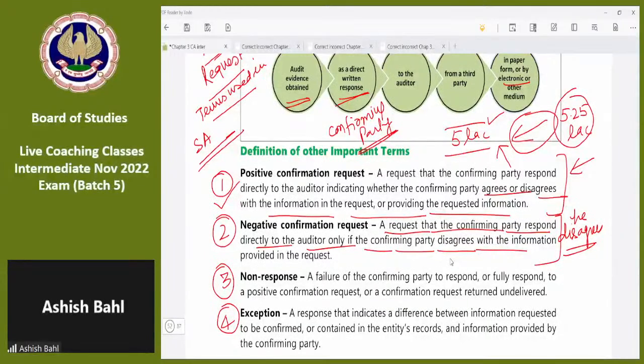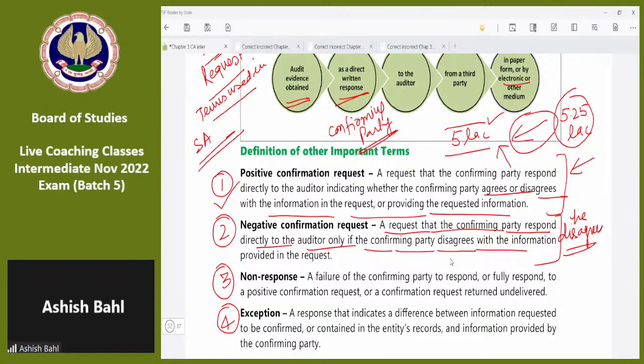Say when I try to confirm the balance from him, I design my request in such a way that if you do not agree with it, then you please confirm it. So if I say to him that your balance is 5 lakhs, if you do not agree with it, then you please confirm it, then it is a negative confirmation request. Okay guys, is that clear?